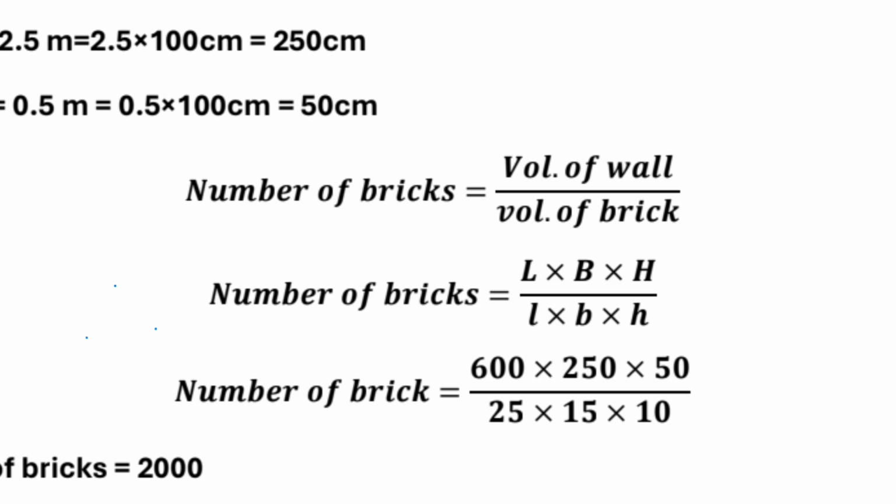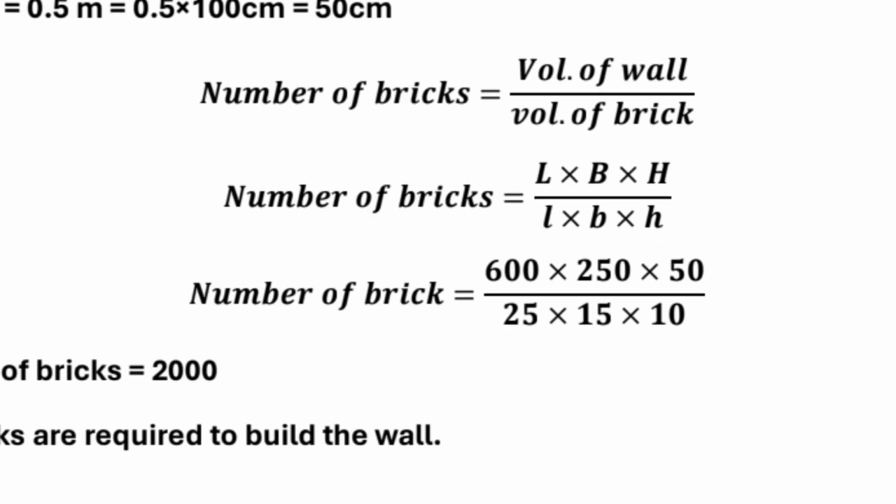Therefore, number of bricks is equal to volume of wall, capital L into capital B into capital H, upon volume of brick, small l into small b into small h. Have you got this?